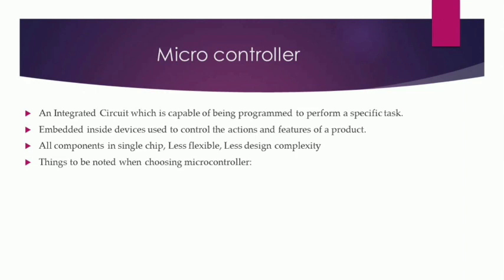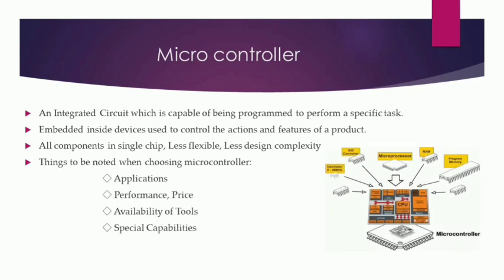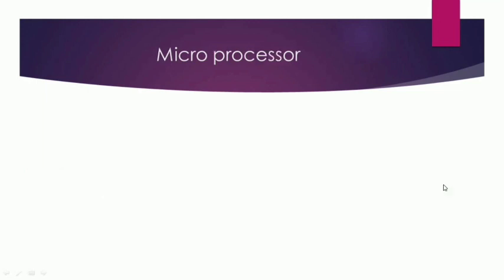Things to be noted when choosing a microcontroller: applications, performance and price, availability of tools, special capabilities. These are the things we need to note down when choosing a microcontroller. Analog to digital converter, microprocessor, RAM, and programmable memory are placed inside the microcontroller.